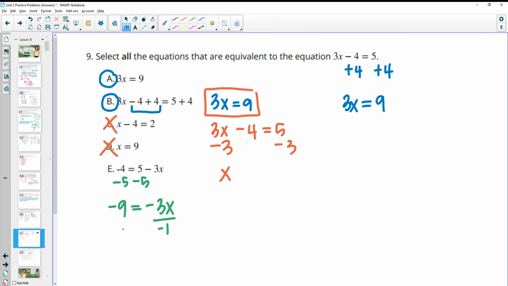So if I just divide by negative 1, negative 9 divided by negative 1 is positive 9. And negative 3x divided by negative 1 is positive 3x. And we know we can flip over the equal sign. So this is the same thing or equivalent to 3x equals 9.